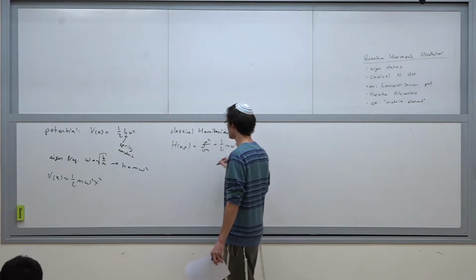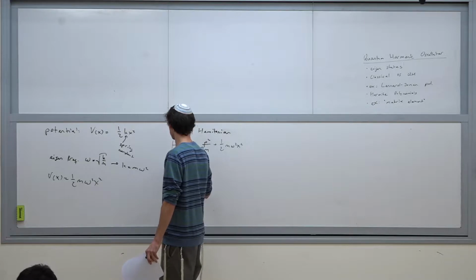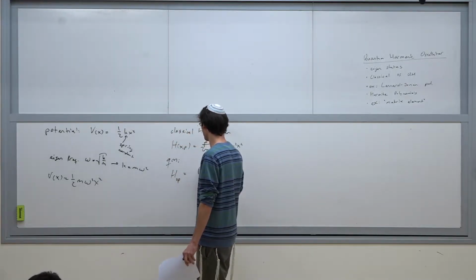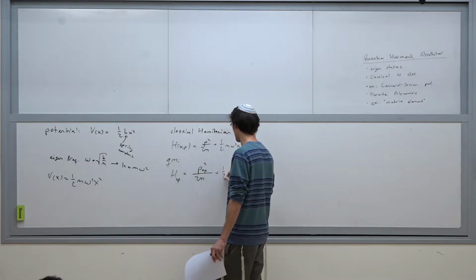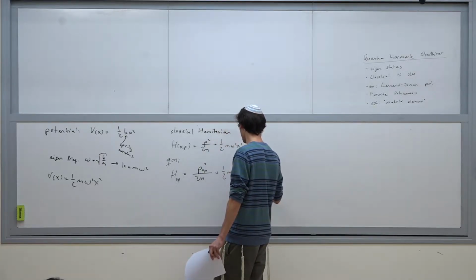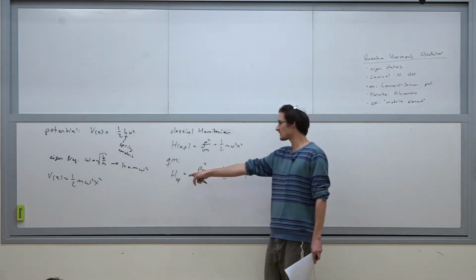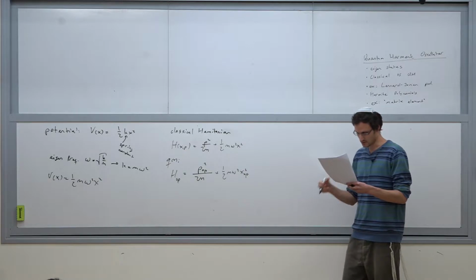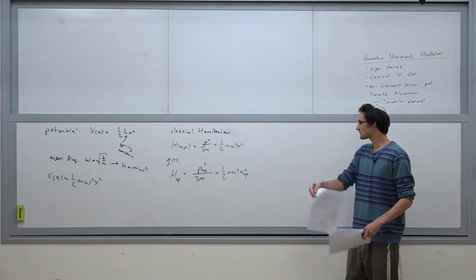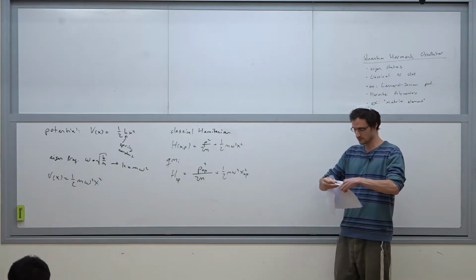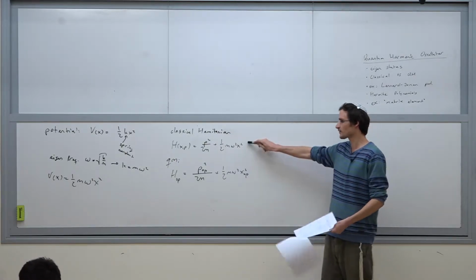In order to make this quantum mechanical, so we want to have a quantum mechanical operator, the Hermitian operator, all we have to do is replace the momentum by the momentum operator and the position by the position operator. And we can now write this in any space that we want. We can write it in position space, or momentum space. All we have to do is plug in the operators, which are well known. This procedure is called canonical quantization. It's the standard way to turn a classical theory quantum.